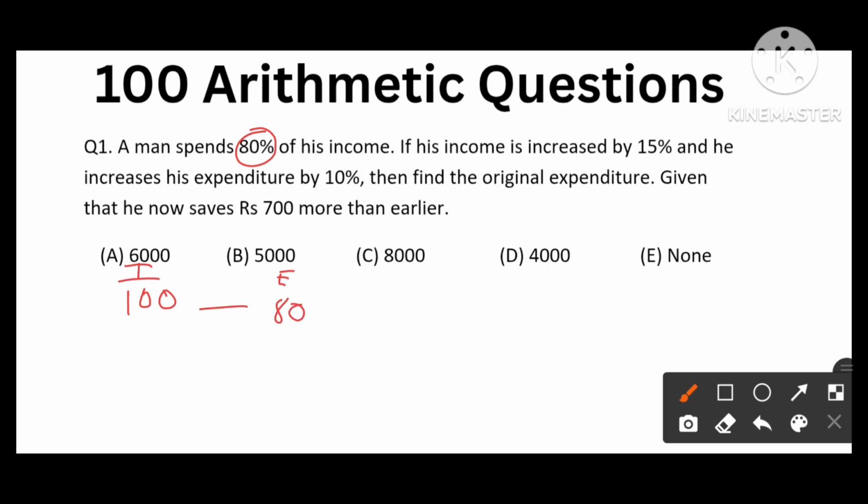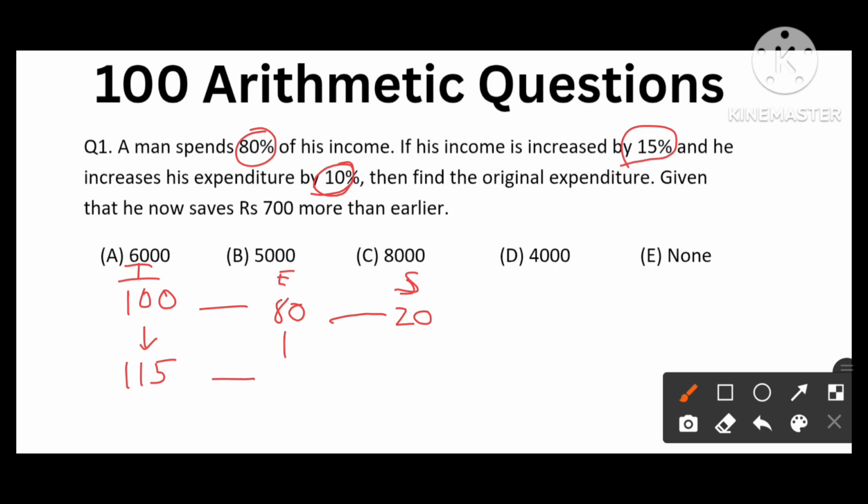Now he says that his expenditure is 80 means savings will be 20. Now he says that his income is increased by 15%. So now his income becomes 115. And also says that his expenditure increased by 10%.